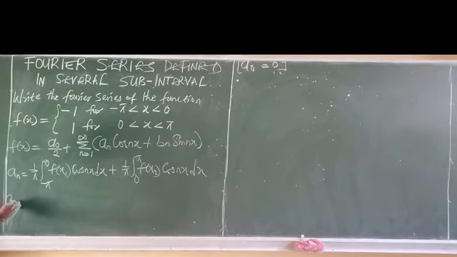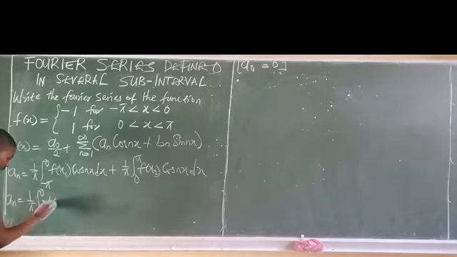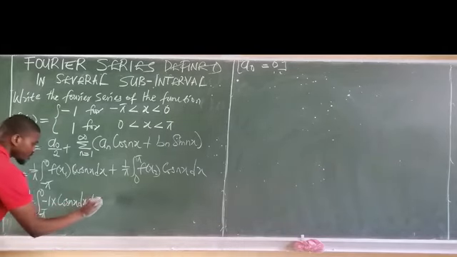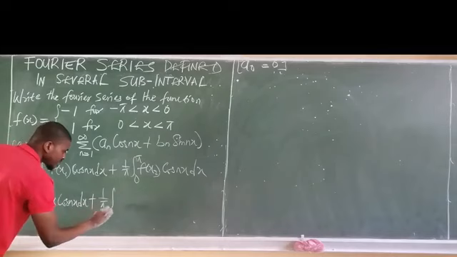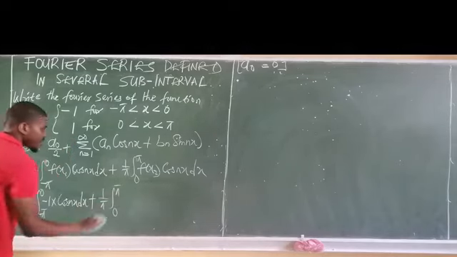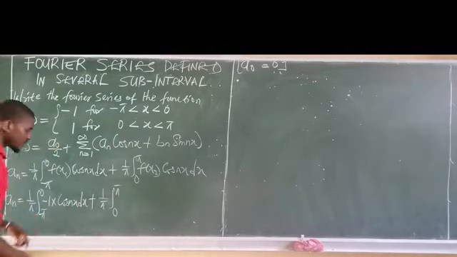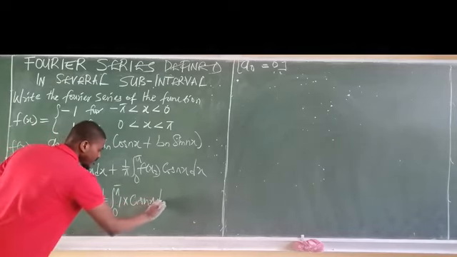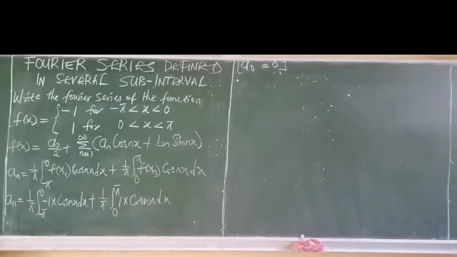So an is equal to 1 all over pi integral from minus pi to 0. F of x1 remains minus 1. So this is minus 1 times cos nx dx, plus 1 all over pi integral from 0 to pi. F of x2 is 1. So you have 1 times cos nx dx.